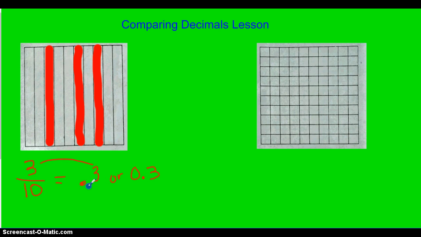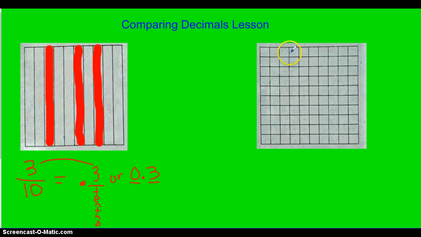However, our denominator is now part of our place value system. So the first place value to the right of the decimal point, we would call tenths. And make sure that you know that we're adding that TH on the end, tenths. That is our first place. As you can see in here, there's my decimal point, so the first place to the right is still tenths. Therefore, this would be the ones place here where the 0 is. So 0 ones is 0, so that's why we can write it either way.